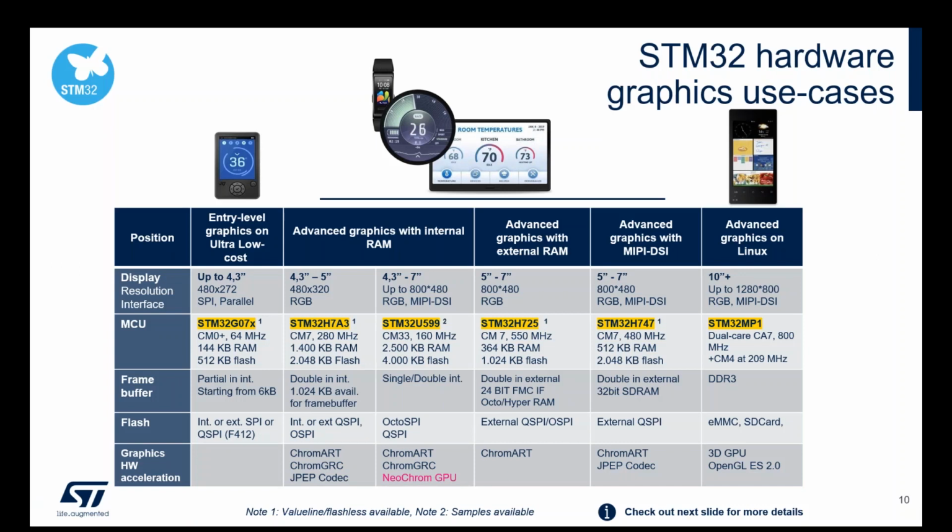So you do not need to run on SDRAM or Octo-SPI or Hyperflash for the frame buffers. And then, of course, the MP1, where you execute from DDR3 RAM. So a lot of options here. And of course, it's up to you, with the guidance of the local representative from ST, to find the right solution for you. That being said, I'll hand it over to our partners at Altia, and thank you for listening in.